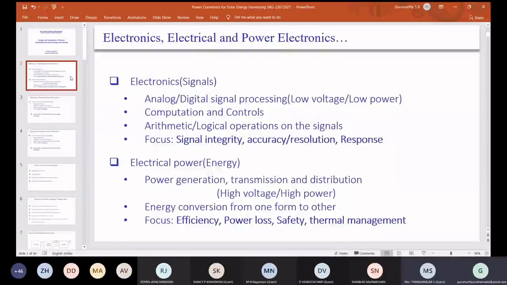All circuits follow Ohm's law, Kirchhoff's current and voltage laws, and Faraday's law of electromagnetic induction and things like that. All circuits follow the same laws, but the approach in the design, utility wise, is different. So the way we look at the circuit is different. Now if you see electronics, basically it deals with analog and digital signal processing.